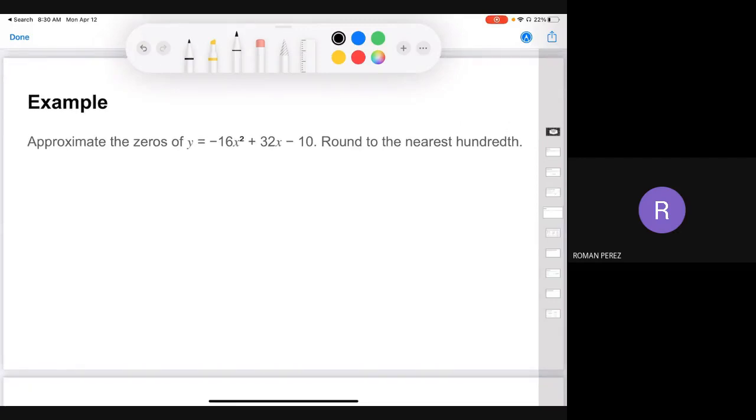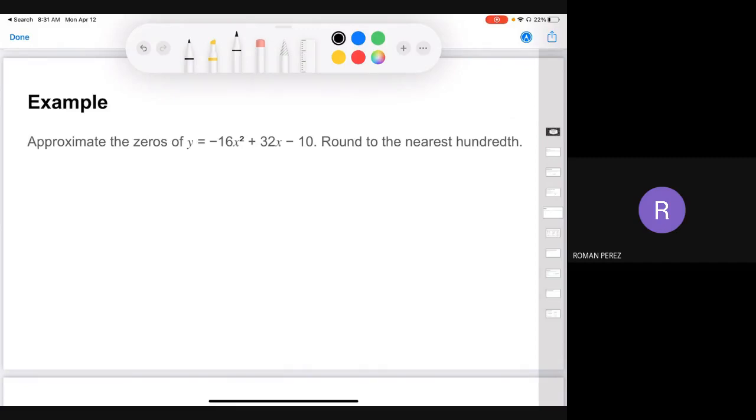So let's go ahead and look at how we solve this. Here it tells us to approximate the zeros of this equation, rounding to the nearest hundredth. When we're approximating for those zeros, what we're looking for are those values that solve this quadratic equation, basically. And so we're going to look at how to solve using the quadratic formula.